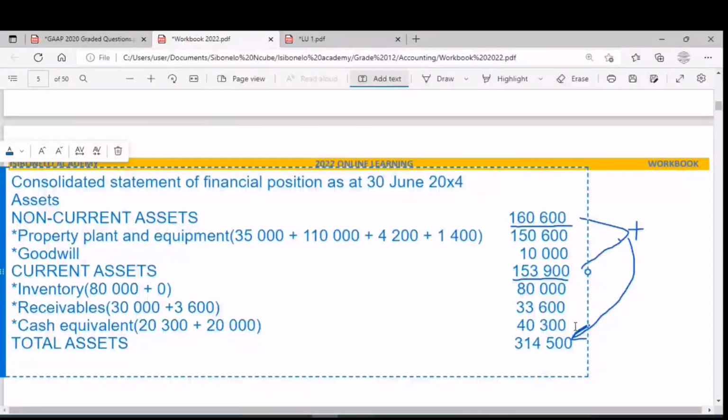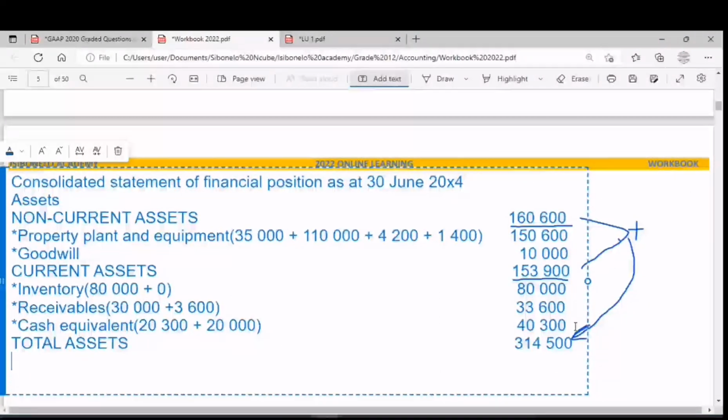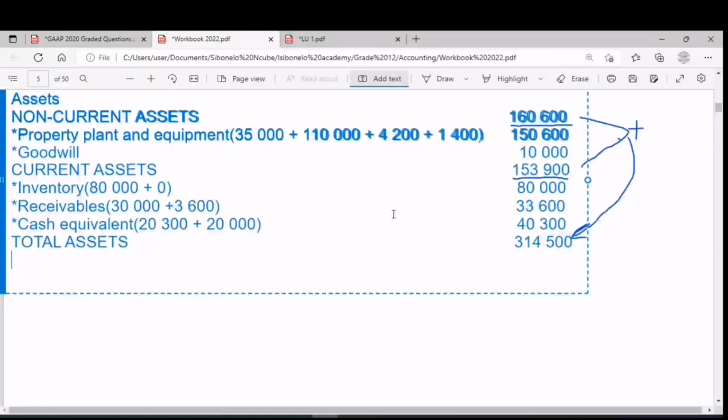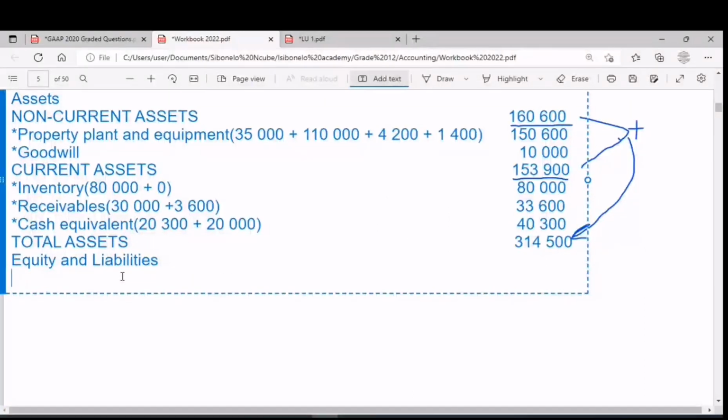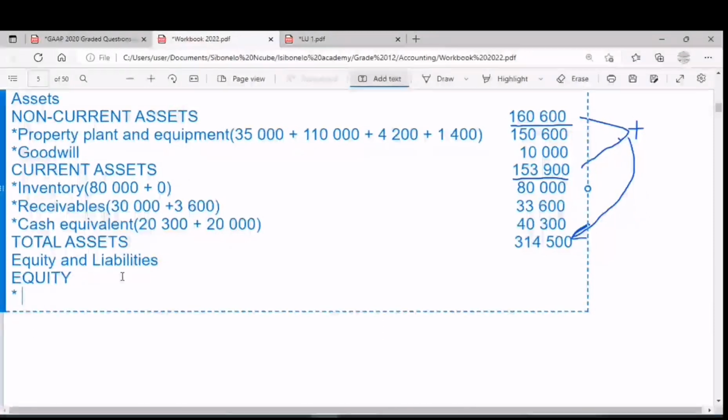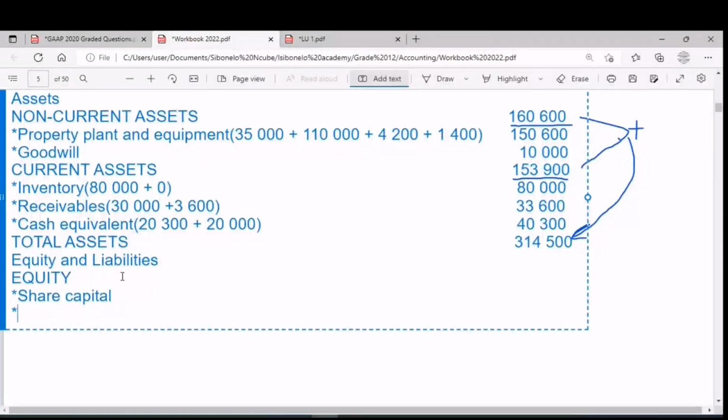Yes. Right. Then this is the last section of the balance sheet, the equity and liabilities section. So let's start with the equity section. We already know that equity is made up of share capital and retained earnings.